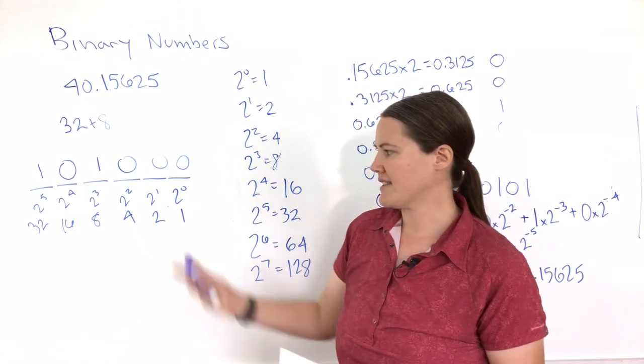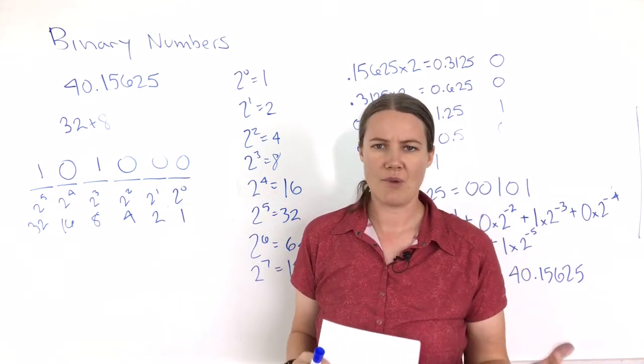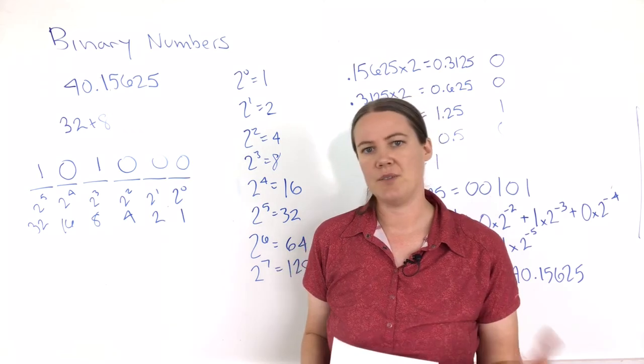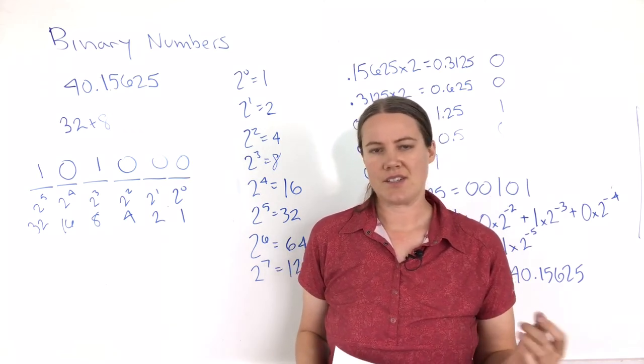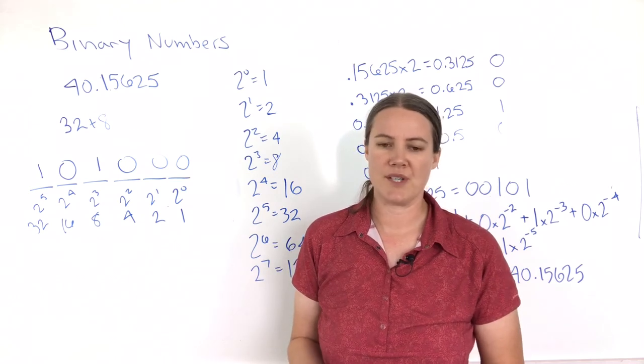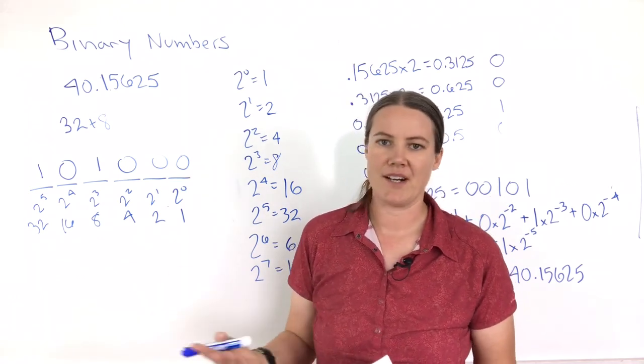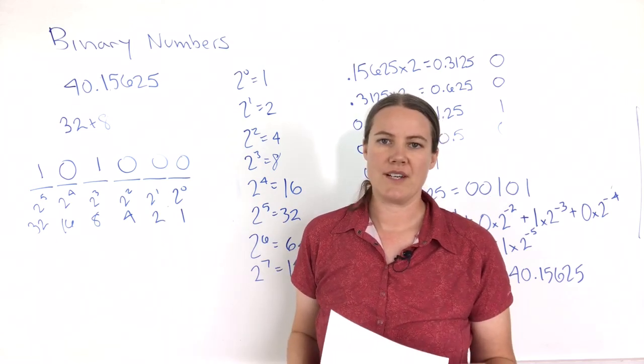And so just having a basic understanding of this is really helpful for writing your code. It's also really helpful for figuring out certain types of errors, like if you're having an overflow error or a precision error. Having an understanding of binary can help to figure out what your error is.